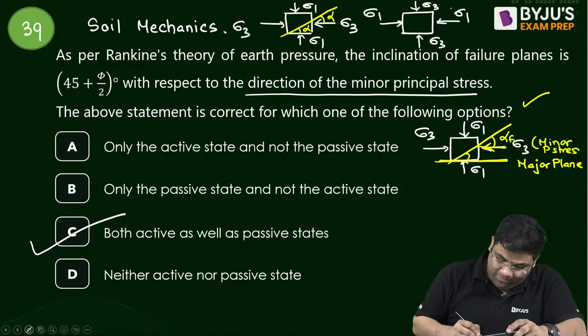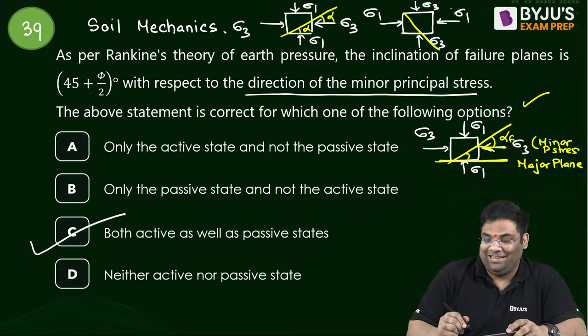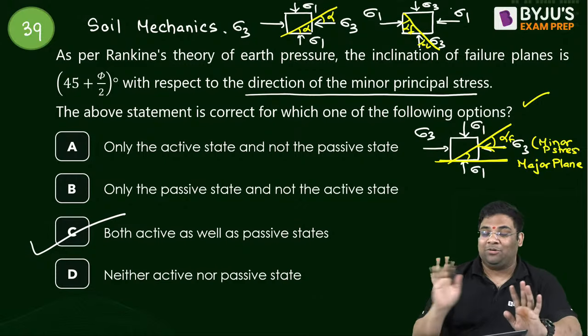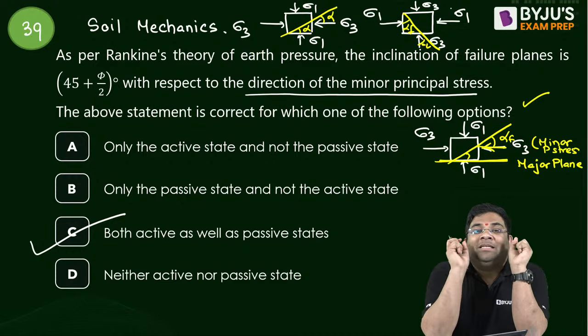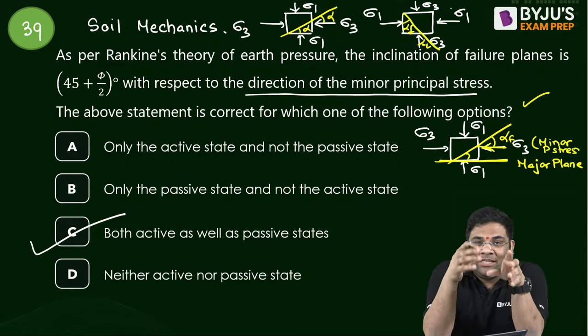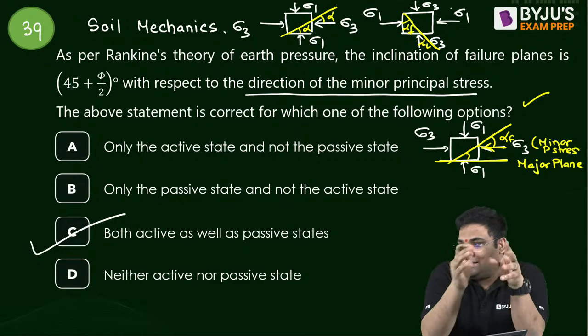But the failure plane is like this here, so this is also alpha F. Understood this logic or not? In active and passive, the stresses exchange: one becomes major, one becomes minor.